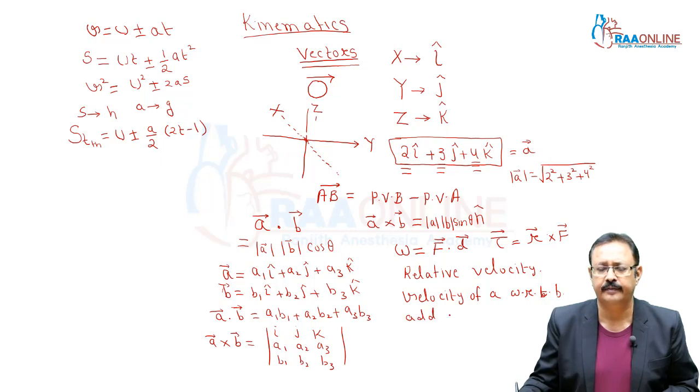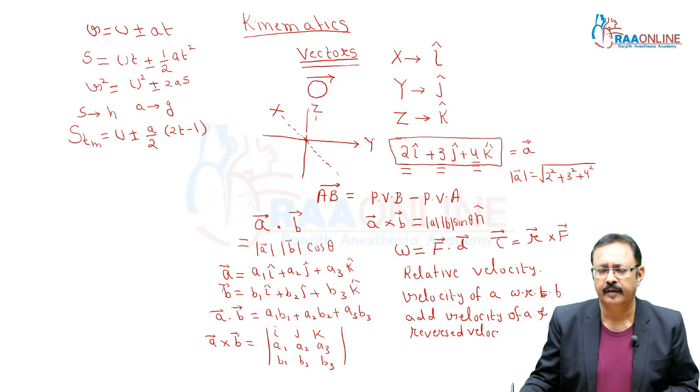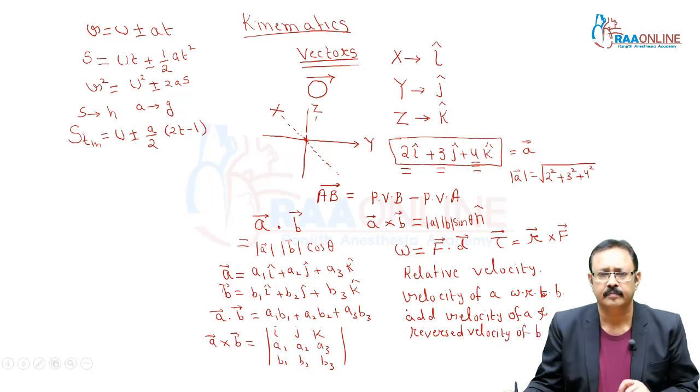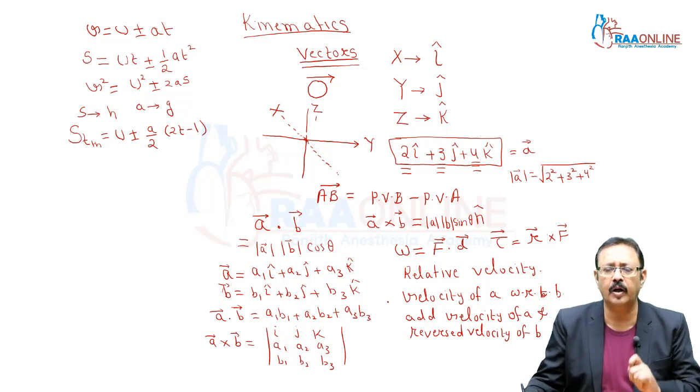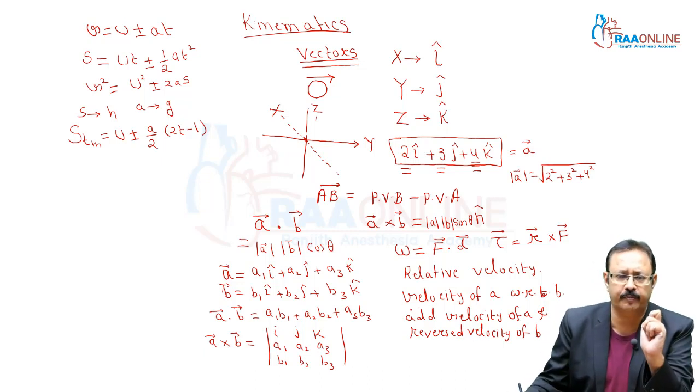Add velocity of A, only one formula, and reversed velocity of B. You will get your answer. Getting my point? Only you have to reverse the velocity of B.